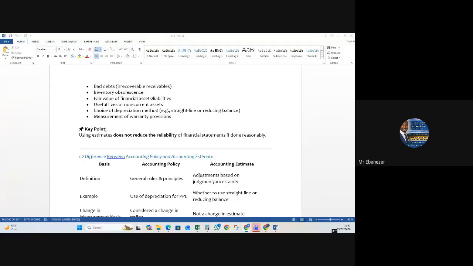Accounting policies, by definition, are general rules and principles, while accounting estimates are adjustments based on assumption, judgment, or uncertainty.